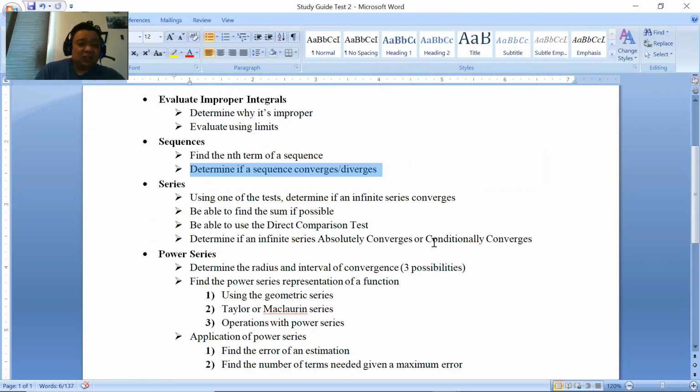So the conditional usually is an alternating series. The alternating series converges, but once you put the absolute value around it, then the series diverges, which means it's only conditionally convergent. Okay, so make sure you know how to test for absolute and conditional convergence.